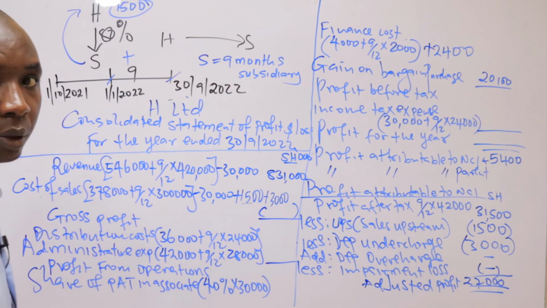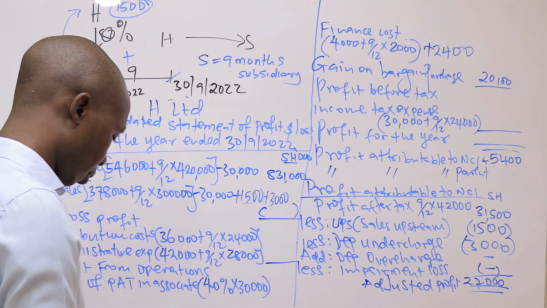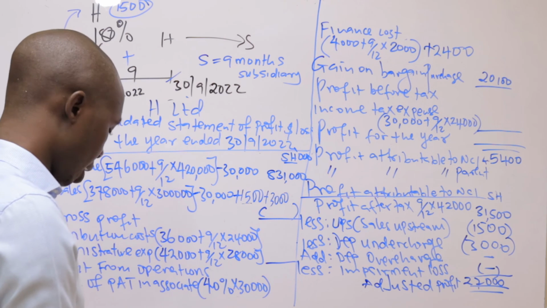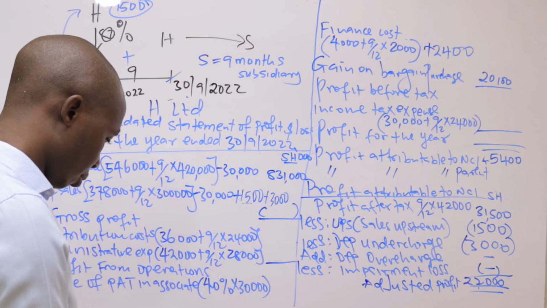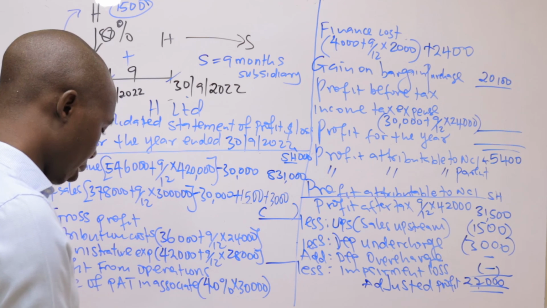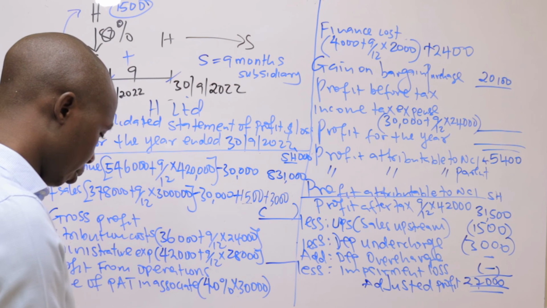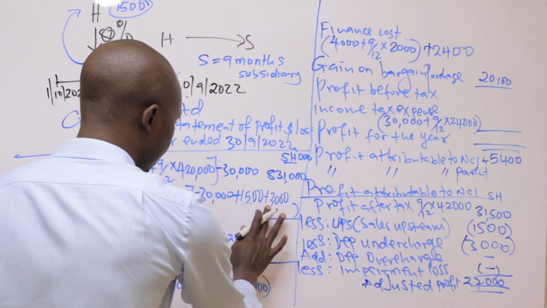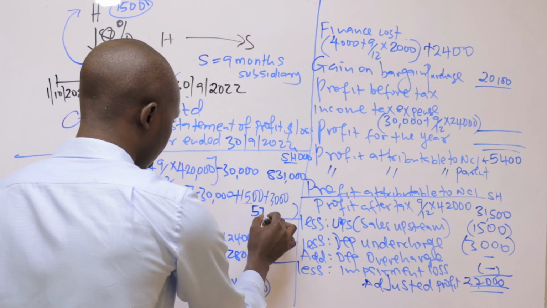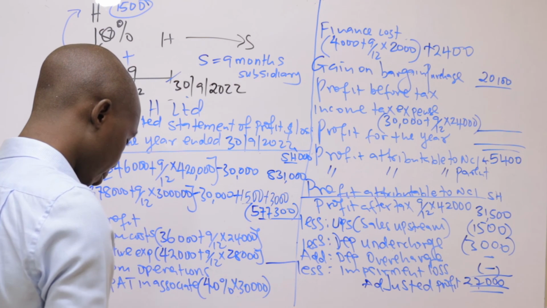So if I take 378,000 plus 9 over 12 times 300,000 minus 30,000 plus 1,500 plus 3,000, this is 577,300. So 831,000 minus the answer.